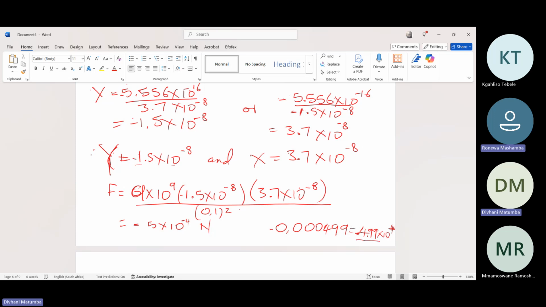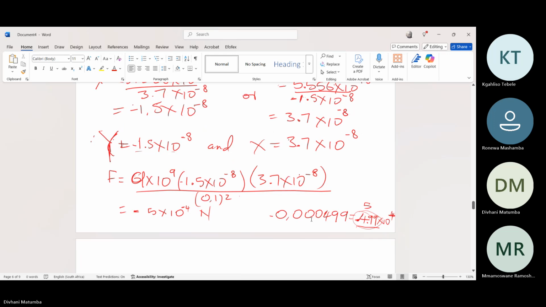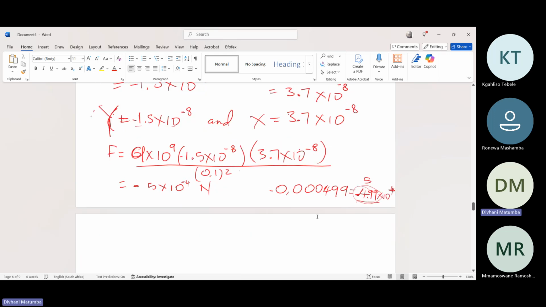And in our equation, it says the force between them is 5. Isn't this 5? Yes, it is. Okay, meaning we have successfully verified. Haven't we? Yes, sir.